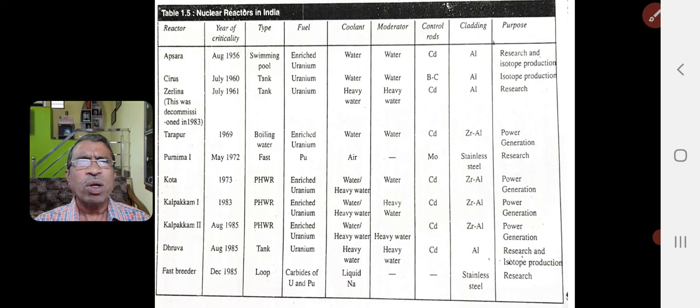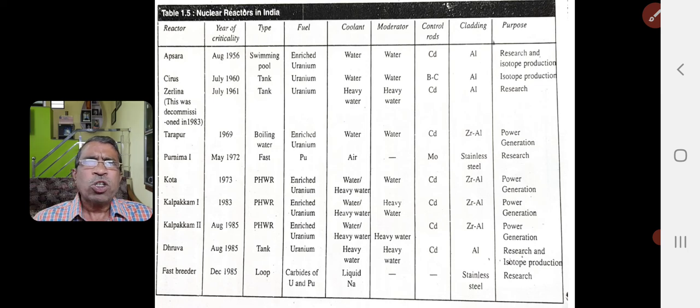This reactor is a swimming pool type. Enriched uranium is used as fuel. Water is used as coolant as well as moderator, cadmium rods are used as control rods, and aluminium is used as cladding.